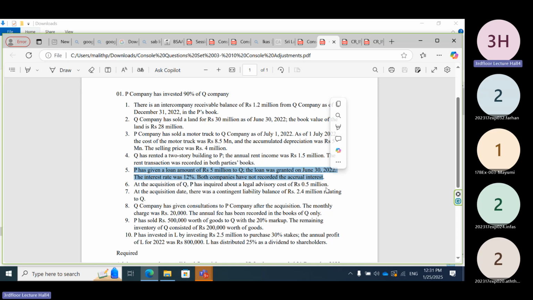So then what you have to do? Reverse this period's interest, and then make a record for the next year. The party who has recorded should be eliminated. Once you are eliminating, you need to calculate for this period, not 12 months.